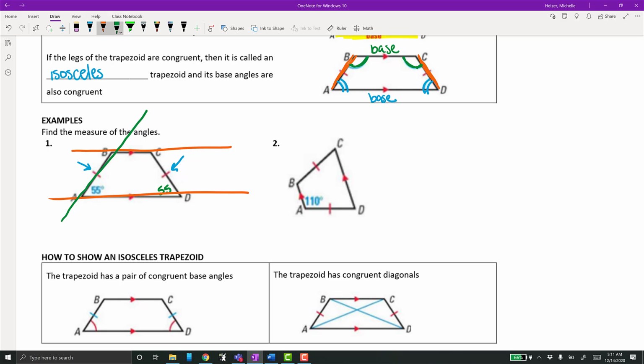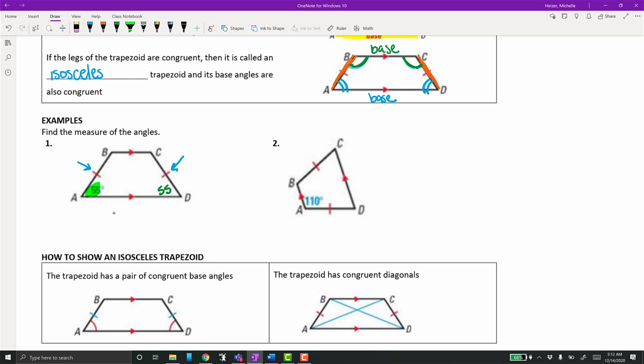So this green highlighted angle and this green highlighted angle are consecutive angles. Just like what we've been doing with parallelograms, trapezoids are the same thing. Consecutive angles are supplementary.